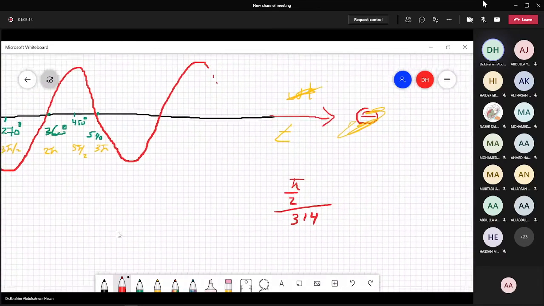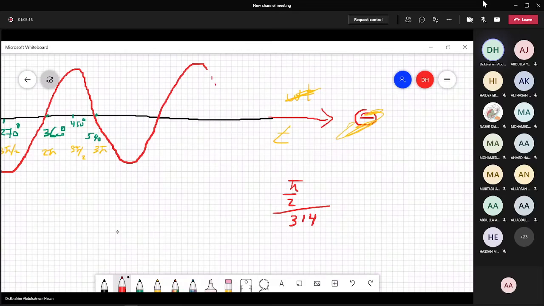So if you calculate this, what does it come to? Does anyone have a calculator? 3.14 divided by 314, it is 0.005 second. So it is equal to 5 milliseconds.